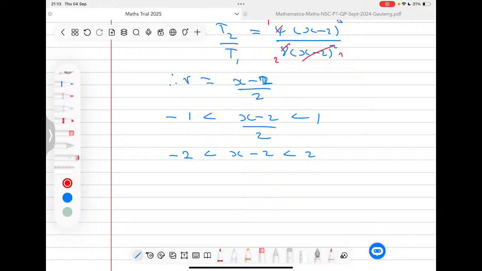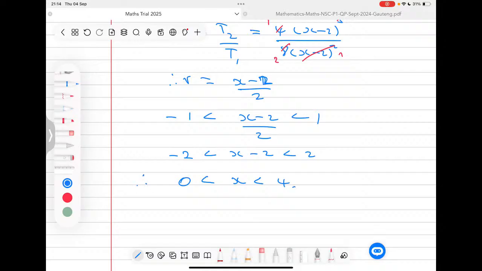Here we have -2 plus 2, which gives me 0, so 0 is less than x, and on this side 2 plus 2 is 4, so this is less than 4.